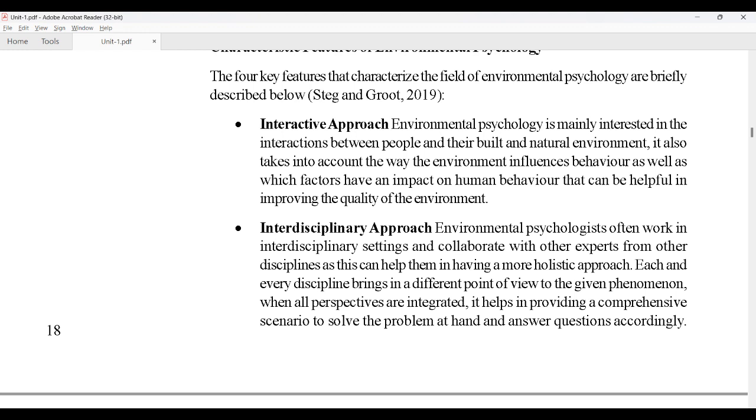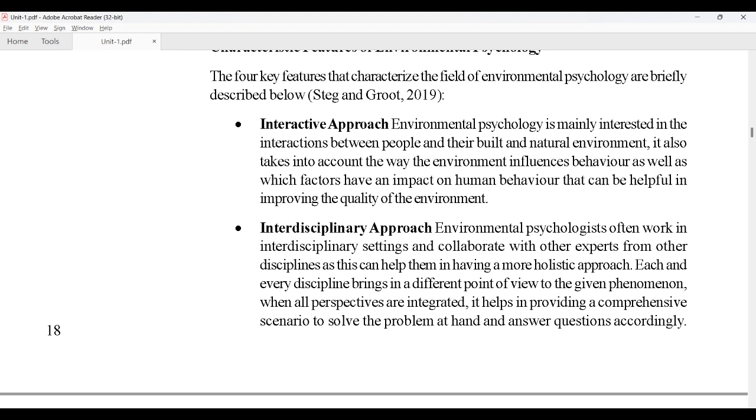Interactive approach. Environmental psychology is mainly interested in the interactions between people and their built and natural environment. It also takes into account the way the environment influences behavior as well as which factors have an impact on human behavior that can be helpful in improving the quality of the environment. Interdisciplinary approach. Environmental psychologists often work in interdisciplinary settings and collaborate with experts from other disciplines, as this can help them in having a more holistic approach.